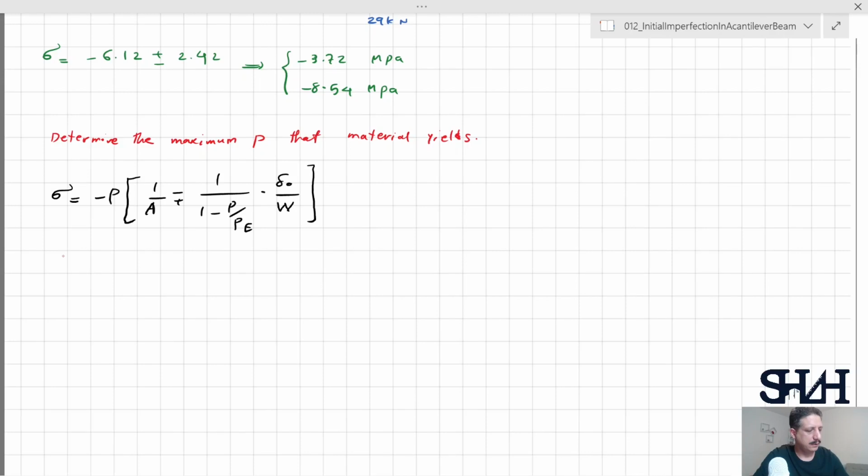So sigma will be minus P over A, and as far as we are going to calculate the maximum value, we need to go with the negative sign.